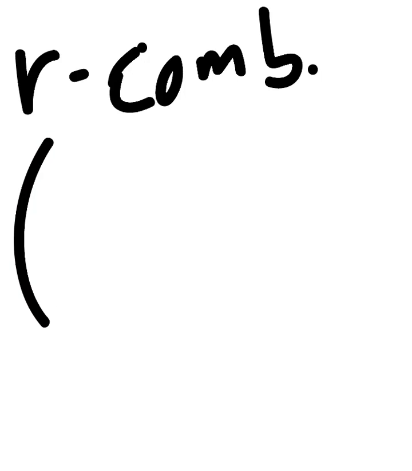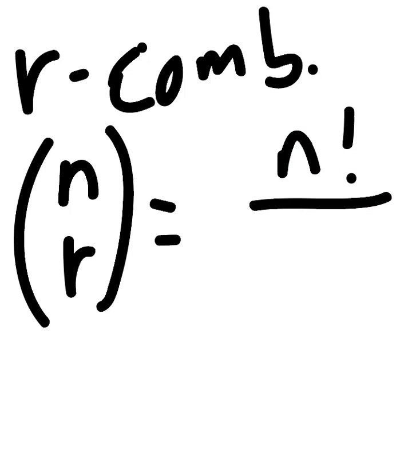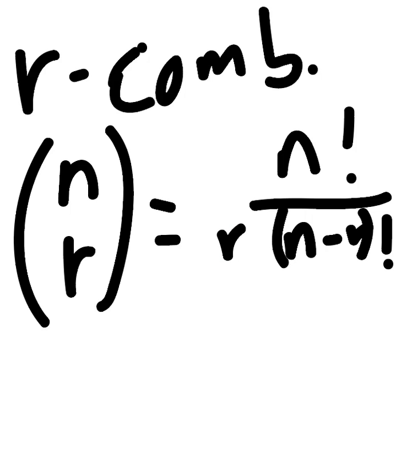So in other words, the number of R combinations, or we should say n choose r, is equal to n factorial divided by n minus r factorial, which is just from the permutation formula, divided by r factorial, which is the same as multiplying the denominator by r factorial.